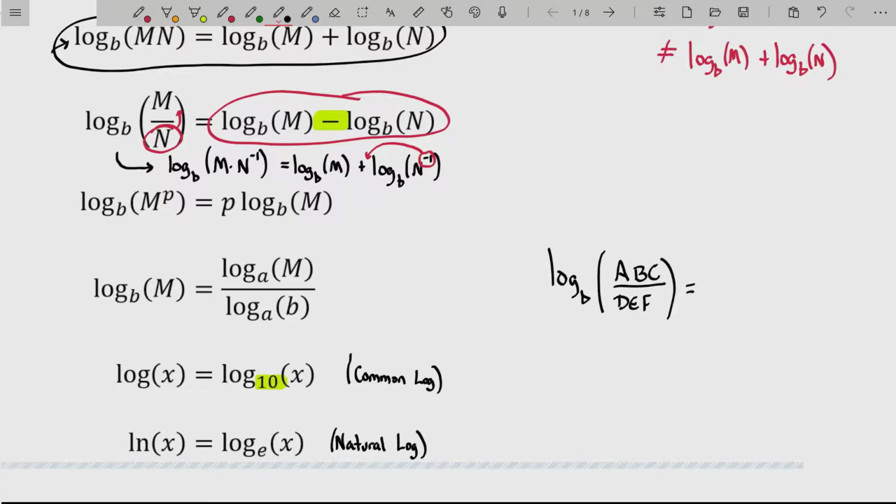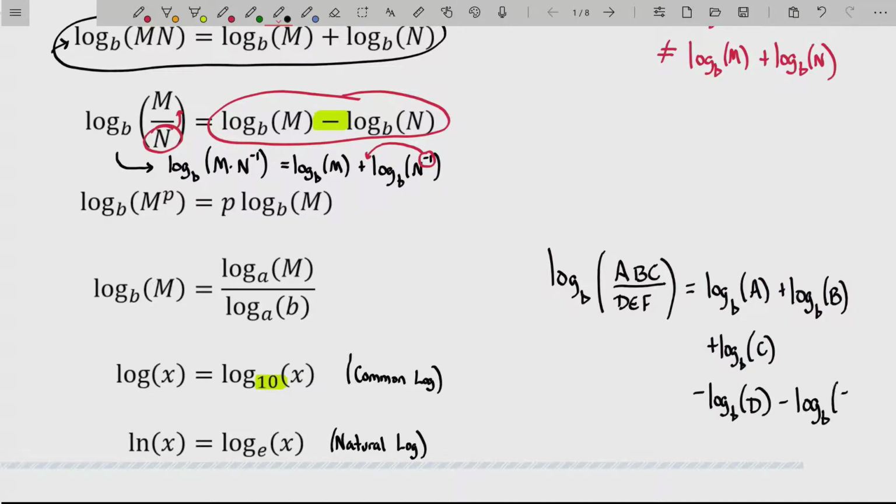Well, the stuff in the numerator will all be positive logarithms. Log base b of capital A plus log base b of capital B plus log base b of capital C. And everything that's in a denominator will end up being negative logarithms. Negative log base b of D minus log base b of E minus log base b of F. That is a trick, but it's really helpful in calculus, so I want you to get used to it now.